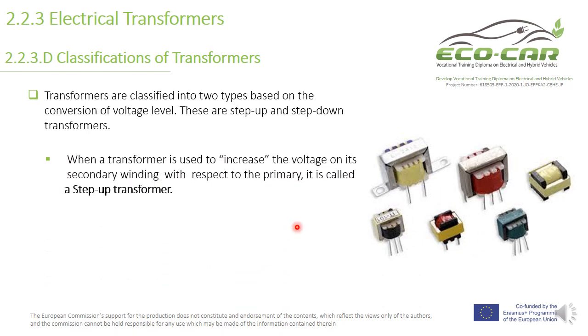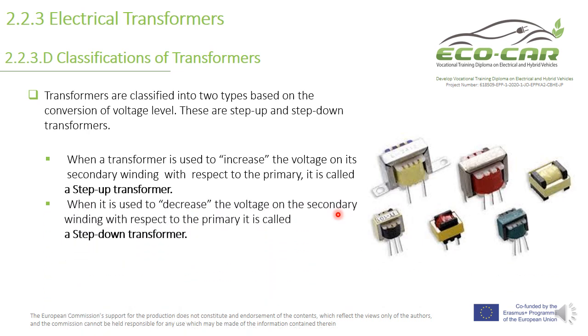When a transformer is used to increase the voltage on its secondary winding with respect to the primary, it's called a step-up transformer. But when it's used to decrease the voltage on the secondary winding with respect to the primary, it's called a step-down transformer.